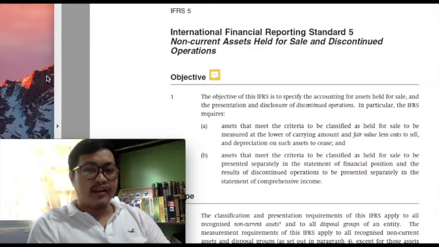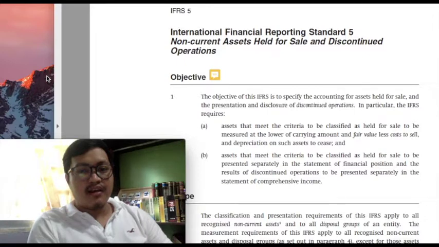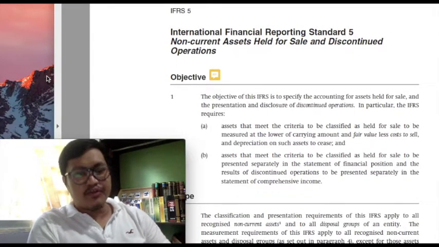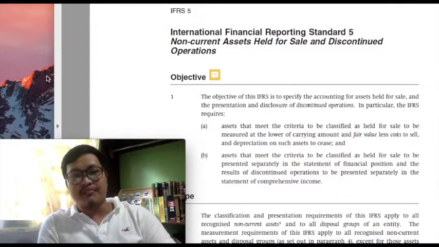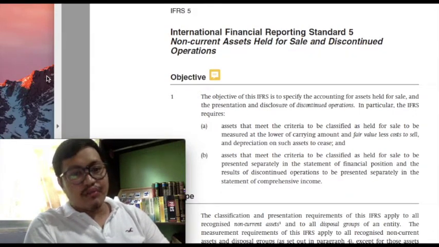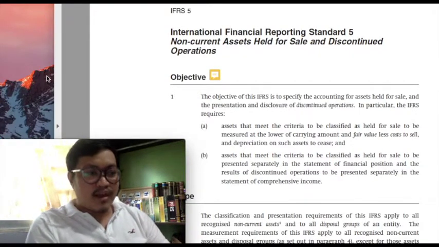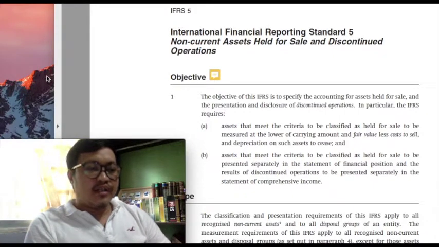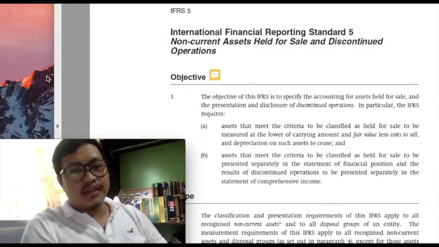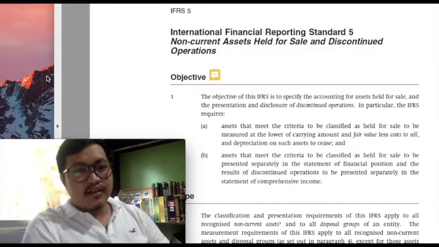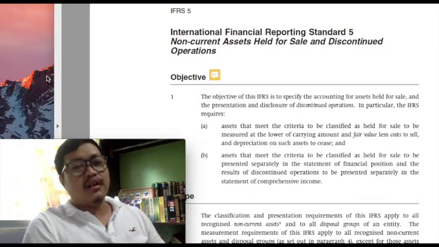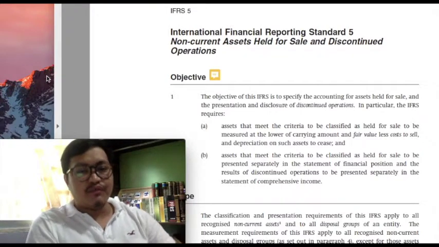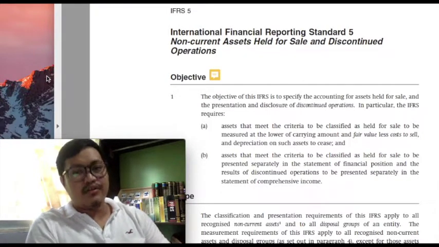But again, as to why the rules for assets held for sale and discontinued operations are discussed together, it's because discontinued operations would be a necessary consequence of reclassifying certain disposal groups as held for sale, class. It's a result of the reclassification of your assets into a disposal group.